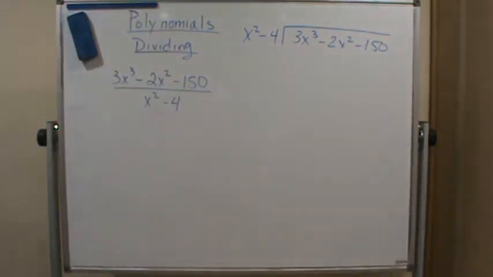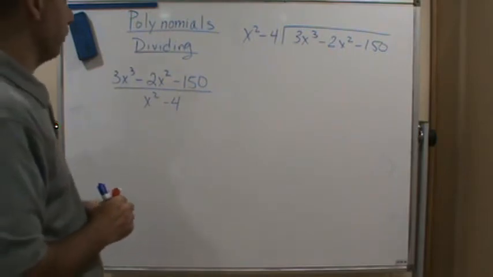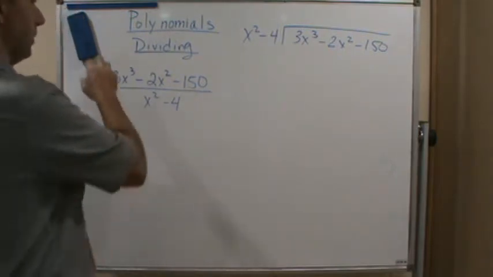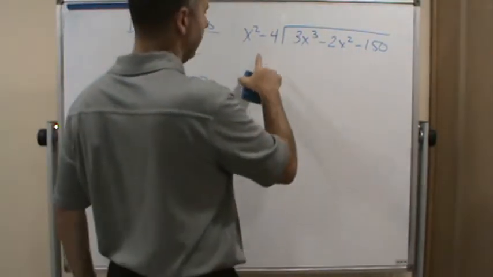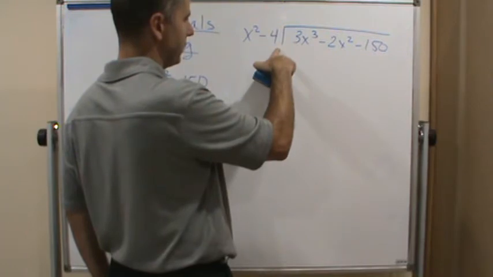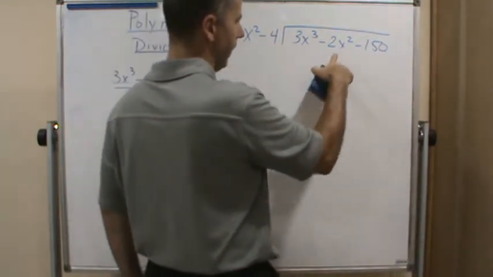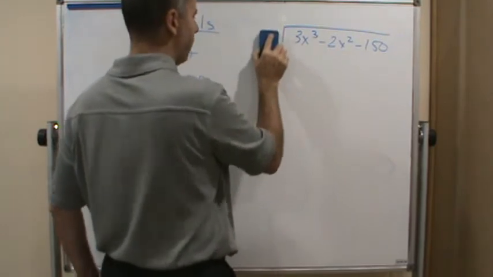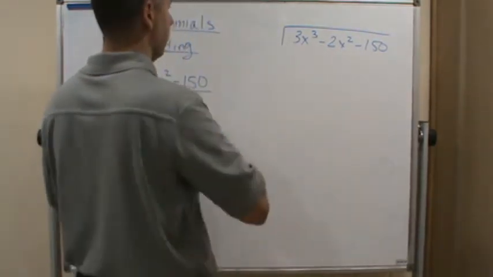Okay, so we've got some missing terms here, so I'm going to rewrite this. We're missing an x term here, right? It goes from x squared to x to the 0, right? So there's a missing term here. And there's a missing term here, too. So I'm going to add those terms.